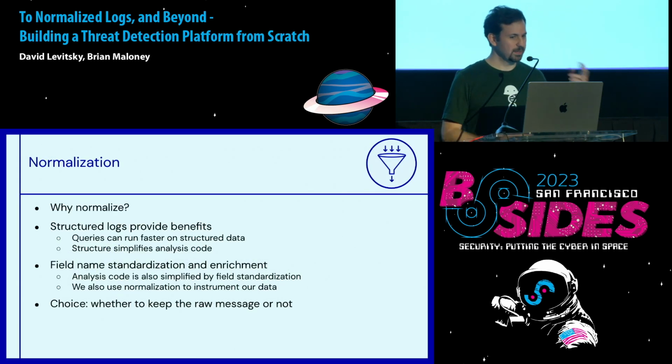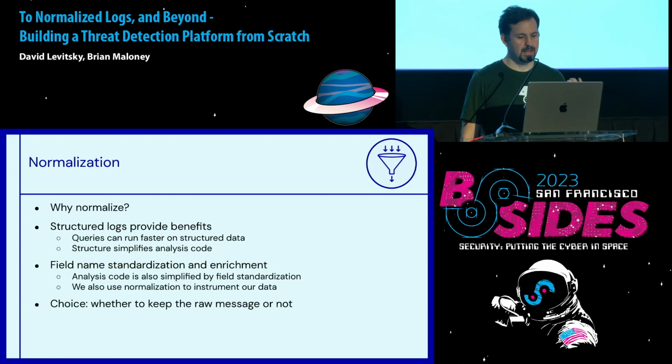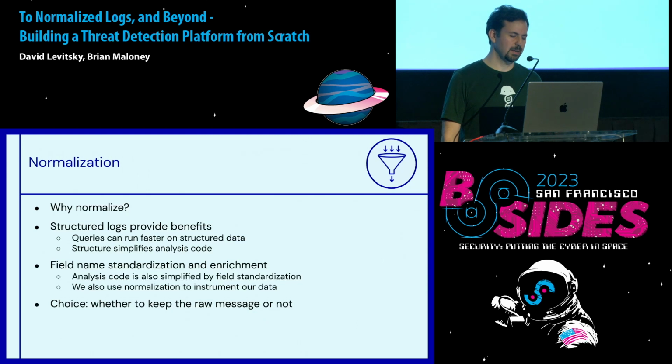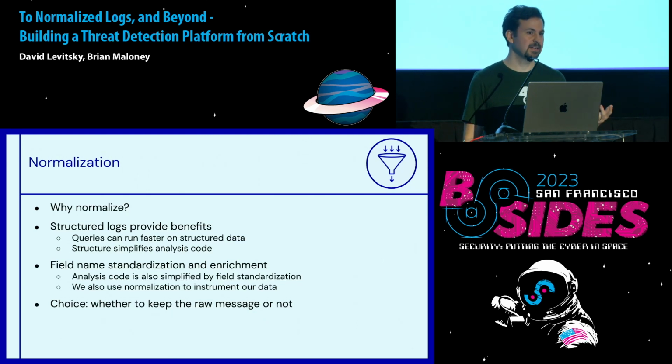We talked about normalization earlier, just the why. Again, structured logs are more performant and easier to analyze. You also have an opportunity when you normalize to standardize your field names.